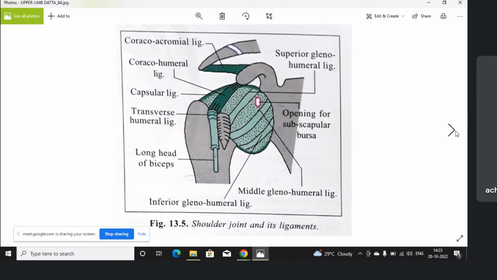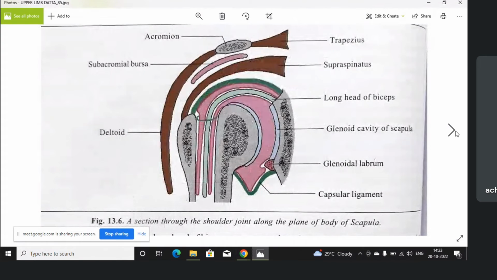There is the attachment of a cartilaginous rim called the glenoidal labrum, L-A-B-R-U-M.